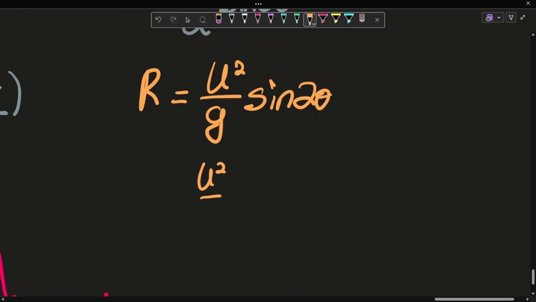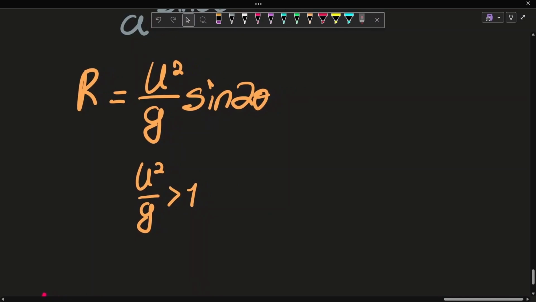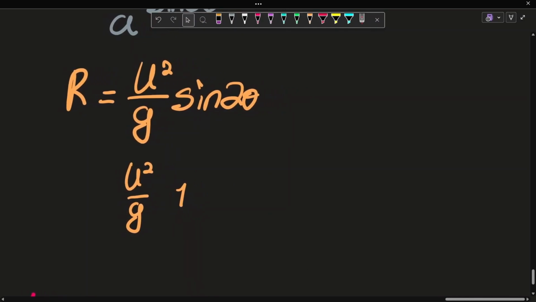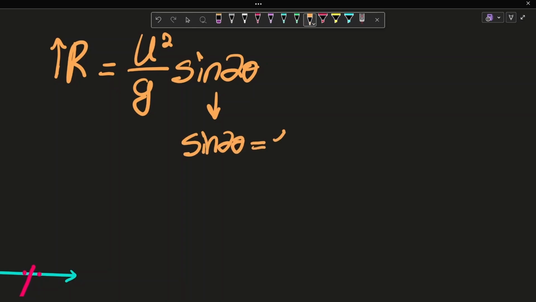So u squared over g is always greater than 0. Our goal with this equation is always to maximize this value. So in order to maximize this value, we have to minimize this value. What that means is, for us to get the maximum range, this value has to be at least 1, or as close to 1 as it can be.